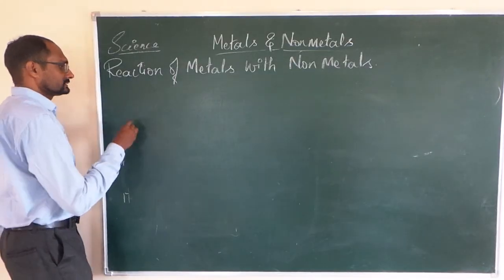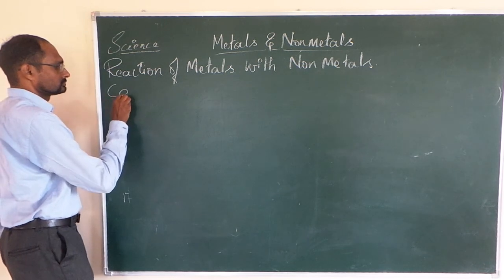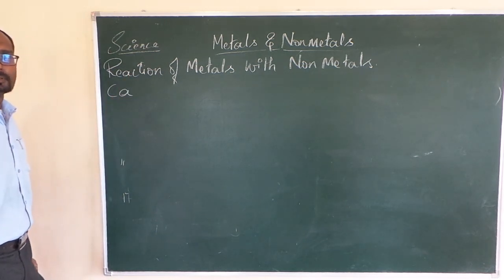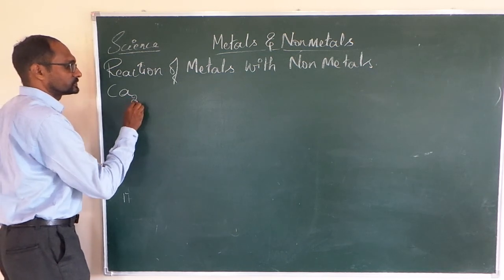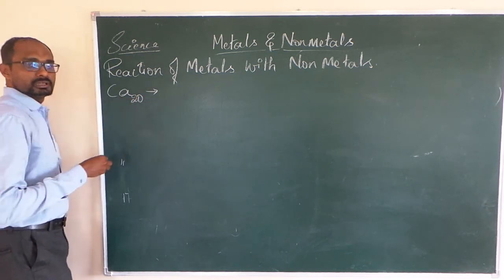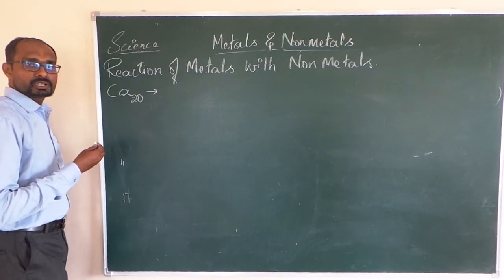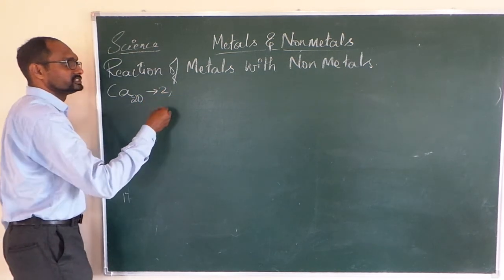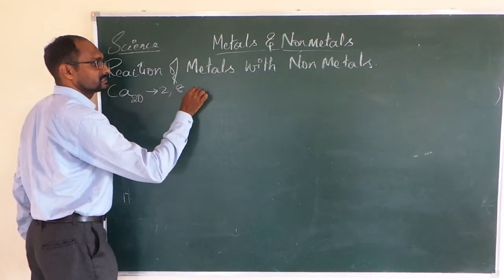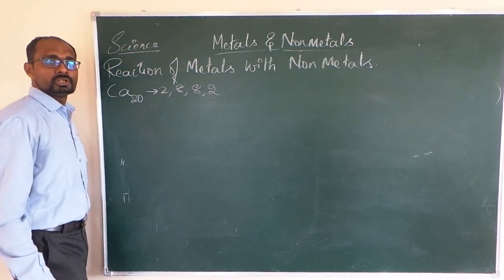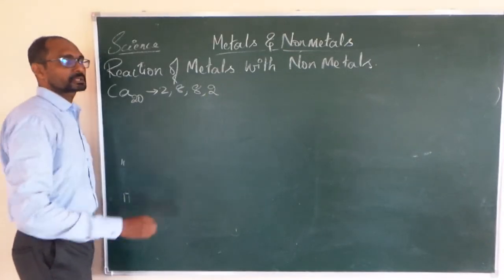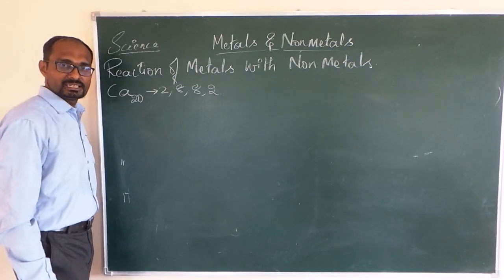I will take the example of calcium. Calcium, which has atomic number 20, has an electronic configuration 2, 8, 8, 2. So it has 2 electrons in the outermost shell.